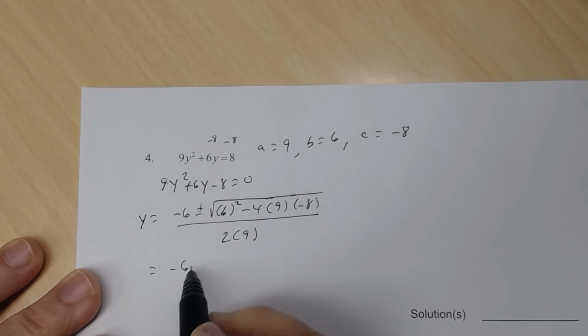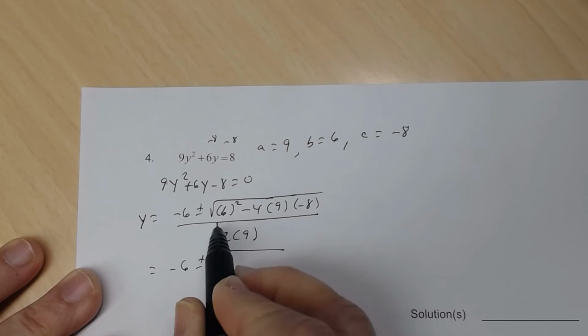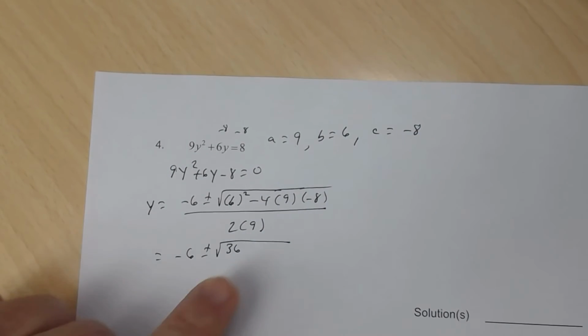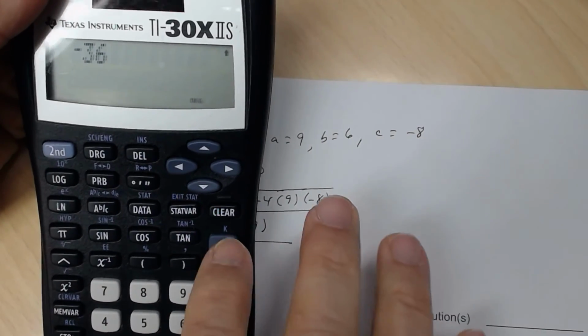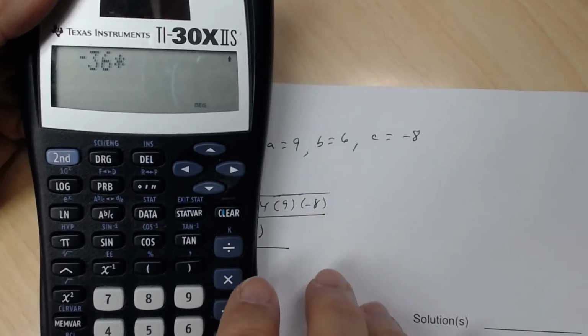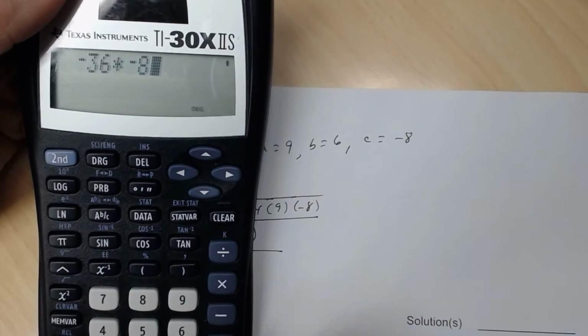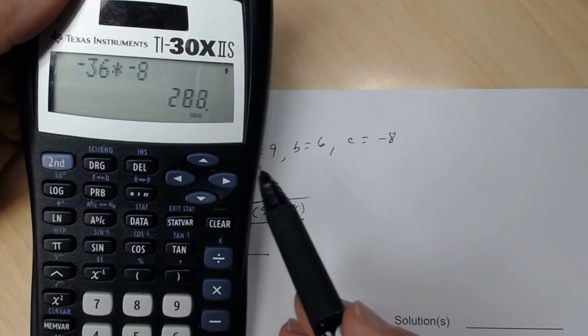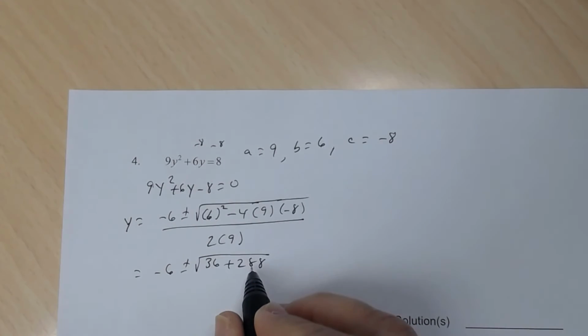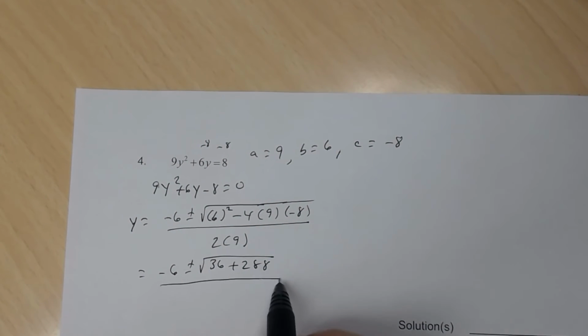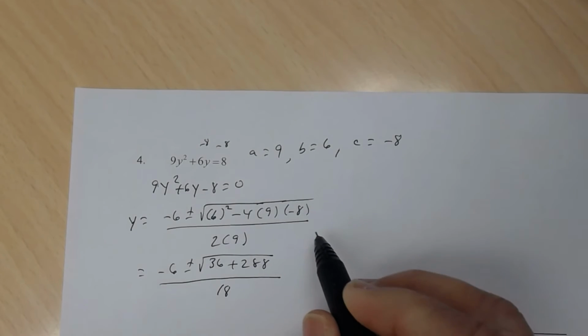So I get negative 6 plus or minus the square root of 6 squared, which is 36. Now negative 4 times 9 is a negative 36, times a negative 8 equals 288. So it's a positive 288. So I get 36 plus 288. All that's being divided by 18.